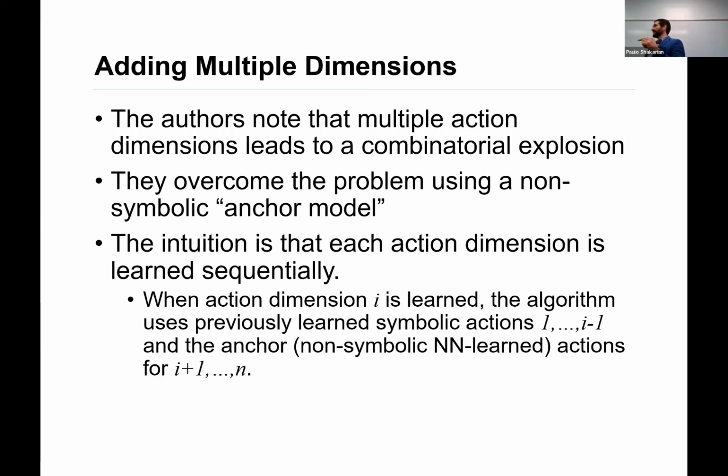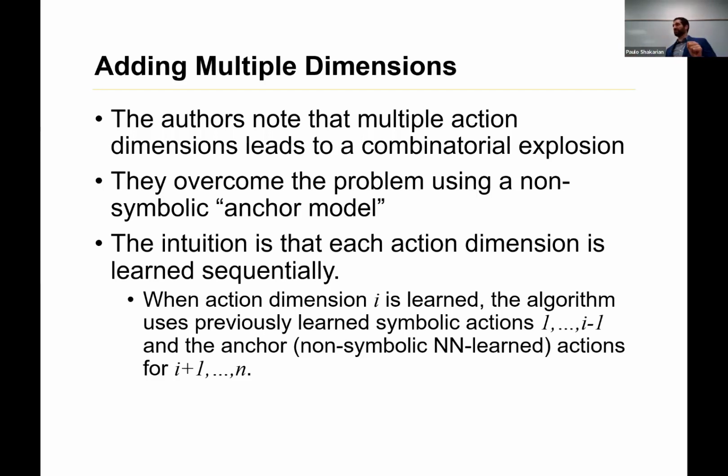And if anyone looked at the paper Chitta Baral talked about at the end of his talk, that's using abductive inference as part of the learning process. They actually use a similar technique, and that is they'll have a black box neural model that they call an anchor, and they use it as placeholders for the values they haven't learned yet.